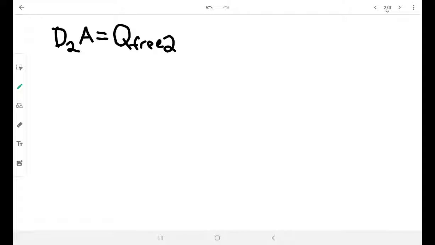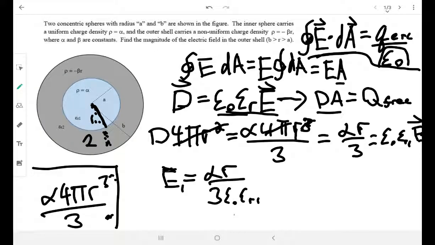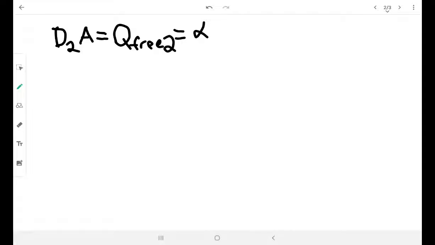Say region 2 is equal to alpha 4 pi A cubed all over 3.